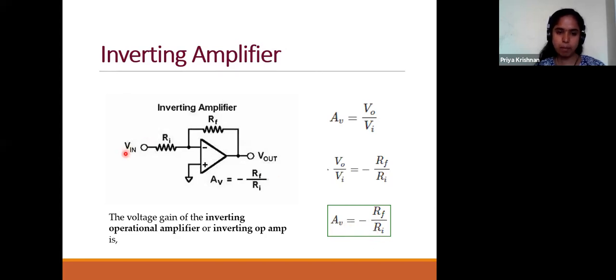So if I apply 2, I'll get minus 2. If I apply 3, I'll get minus 3. Exactly the inversion of what I apply I'll get on the output side. If you choose different values for Rf and Ri, then you can calculate your gain.